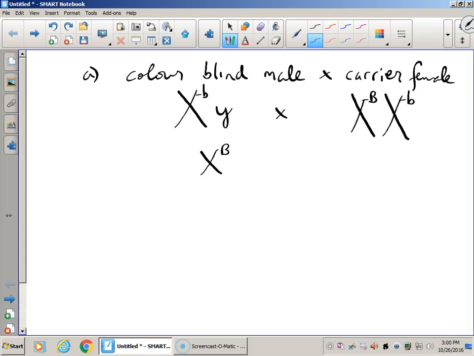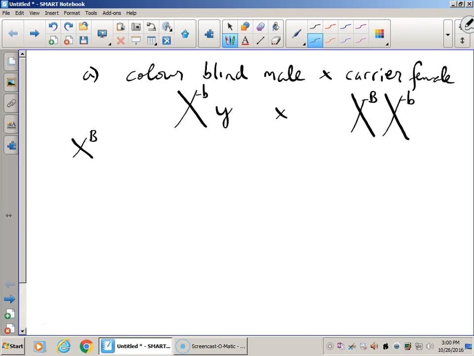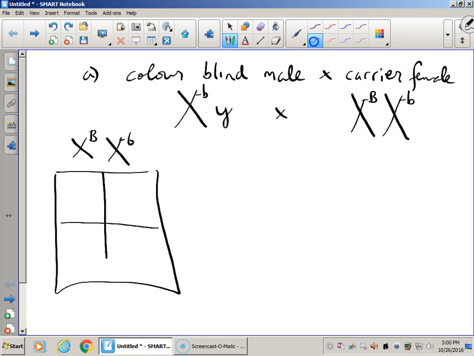All right, so there she is there. Oh, one other thing, we want to make lots of room because sometimes these strings on the X-linked are fairly long. So we're going to do a Punnett square way over here. All right, there he is there.